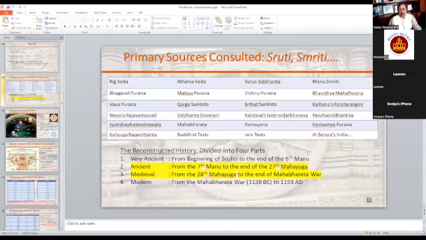Okay. So this is a sampling of the reference sources that Panditji used in his reconstruction, which includes Buddhist texts, Jain texts, even Persian texts, and texts from Nepal and Kashmir. All this was for the purpose of triangulation, so that you can correlate dates and make sure that all references are reconciled.